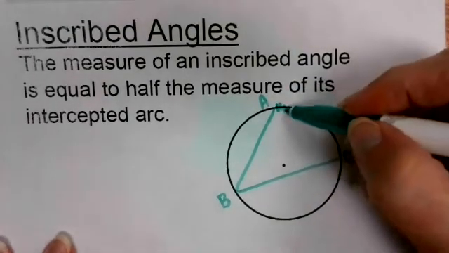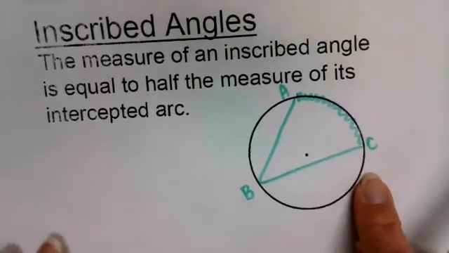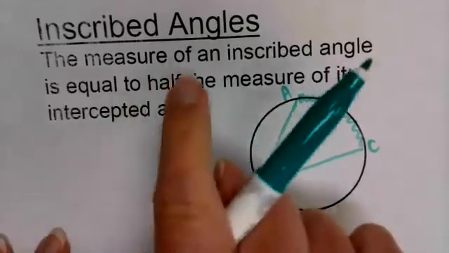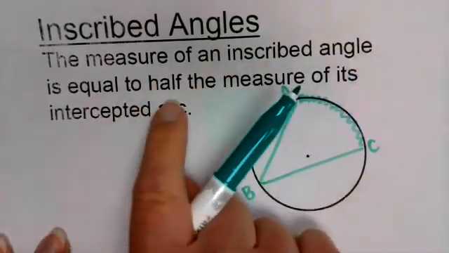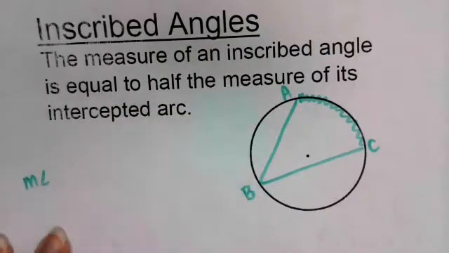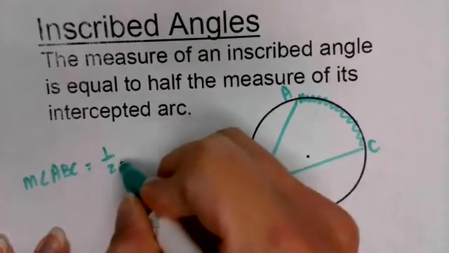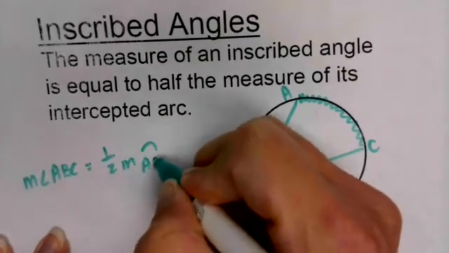So I have an inscribed angle and I have an arc. The measure of the angle is half the arc. So the measure of angle ABC is equal to 1/2 the measure of arc AC.